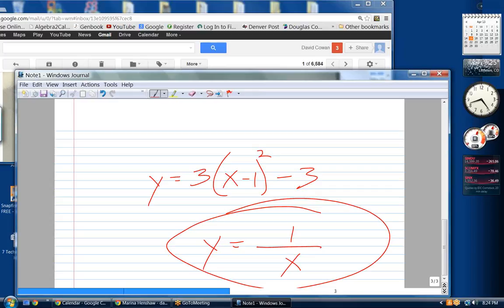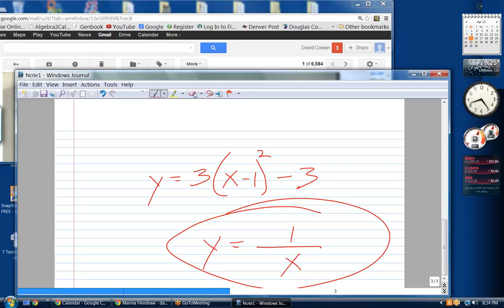You can look up anywhere on the internet and look for 10 commandments of math. They'll all be different, but they all have the same first commandment. Thou shalt not divide by 0. Never forget that. You can never, ever divide by 0 because you get infinity if you do.